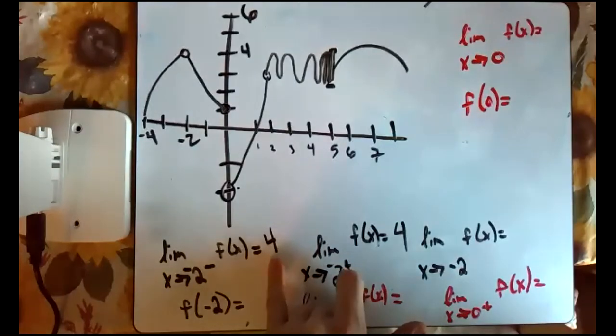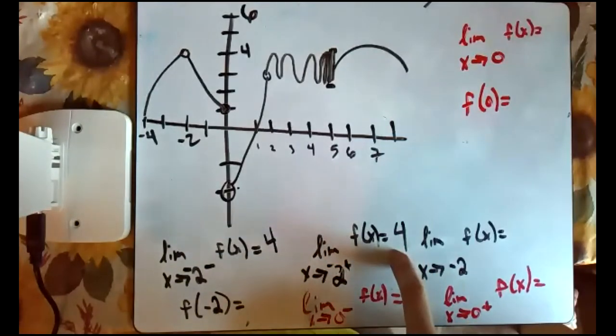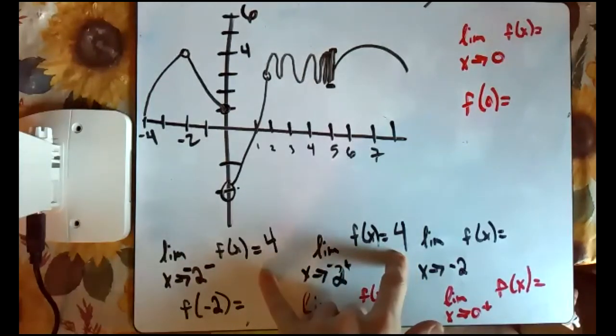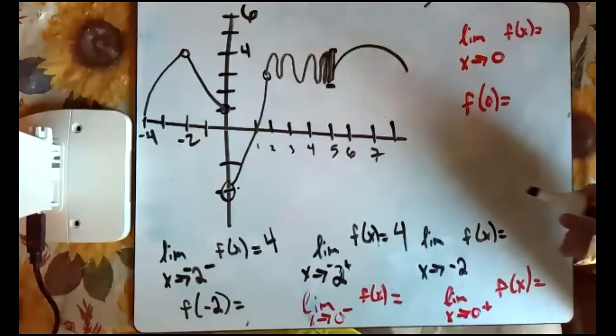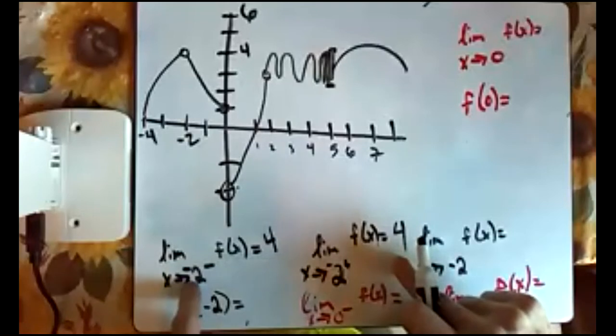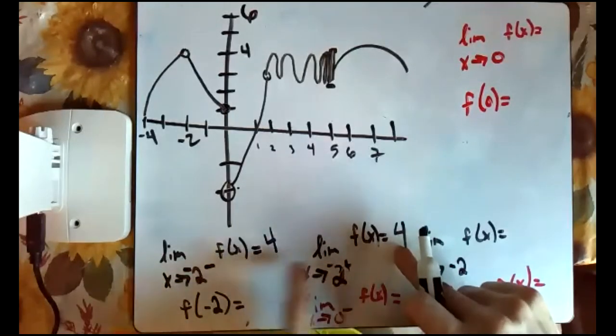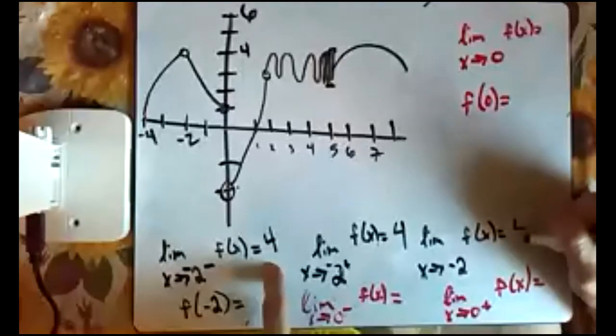We got 4. When we approached -2 from the right, we also got 4. So that tells us that the limit does exist because they are equal. Remember the last problem that we did, we got 2 different numbers, right? And because we got 2 different numbers, the limit did not exist. But in this case, the left sided limit and the right sided limit are equal. And in this case, they are both 4.